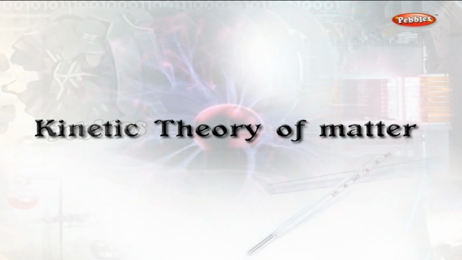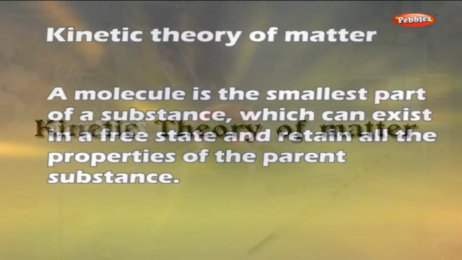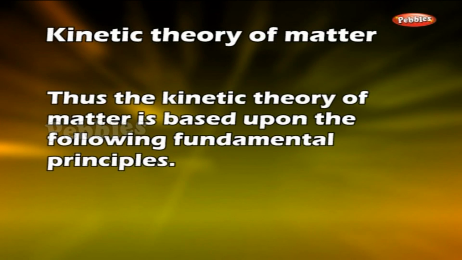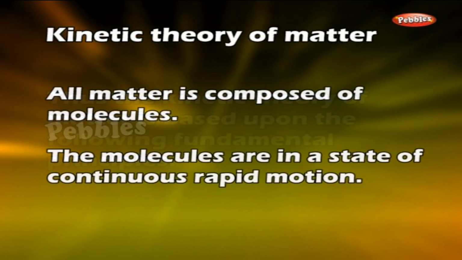Kinetic theory of matter. A molecule is the smallest part of a substance which can exist in a free state and retain all the properties of the parent substance. Thus, the kinetic theory of matter is based upon the following fundamental principles.